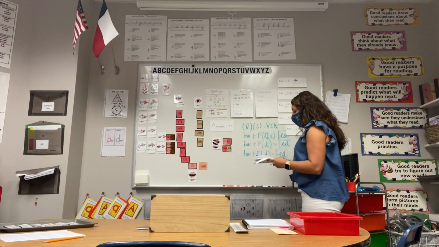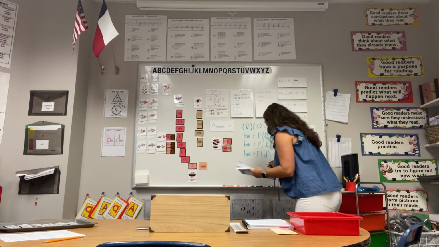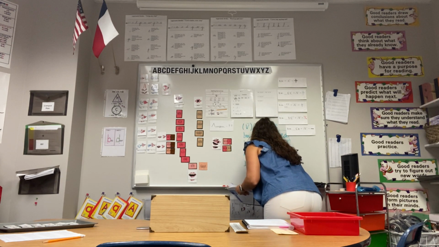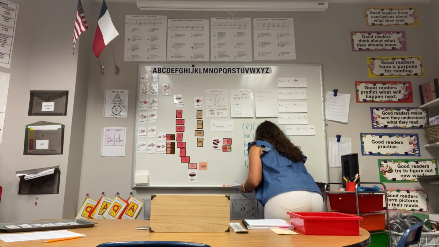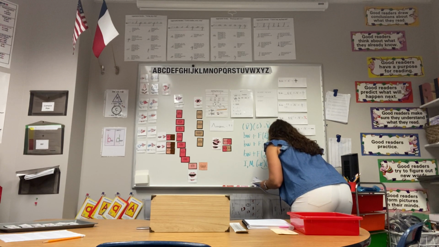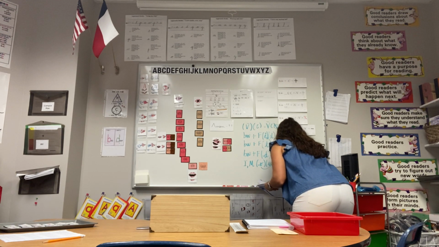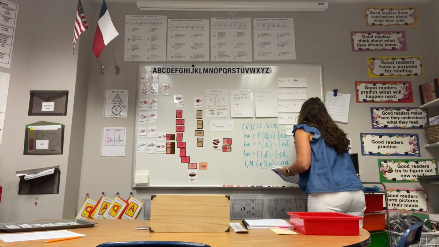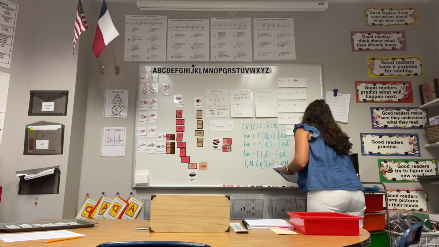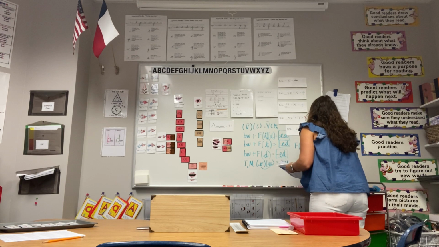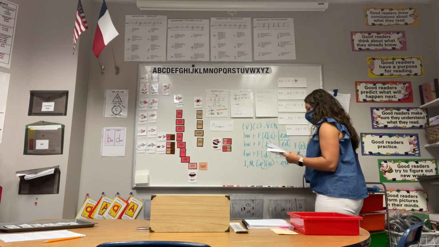Now, I'm going to add a little bit more prep to the board. When you hear initial or medial ow, ow is spelled diphthong O-U, and we arc our diphthongs. And I'm going to add one more. When you hear final ow, final ow is spelled diphthong O-W, like cow, and we arc our diphthongs, okay?